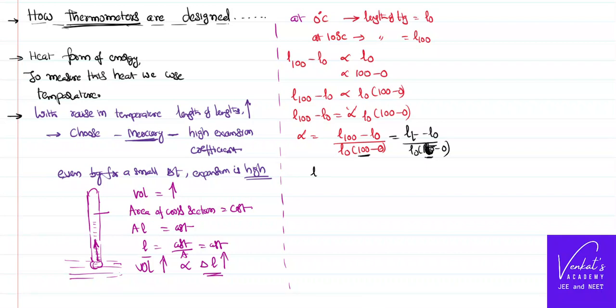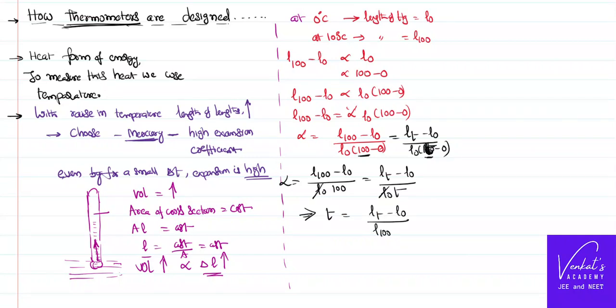So we get the equation L100 minus L0 by L0 of 100 equal to LT minus L0 by L0 of T. Both of them are equal to alpha. So the L0s can be cancelled, and I can write the value of the temperature as LT minus L0 by L100 minus L0, taking the 100 to the other side.